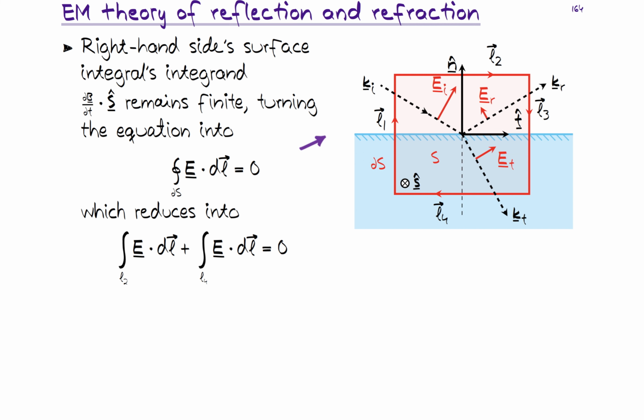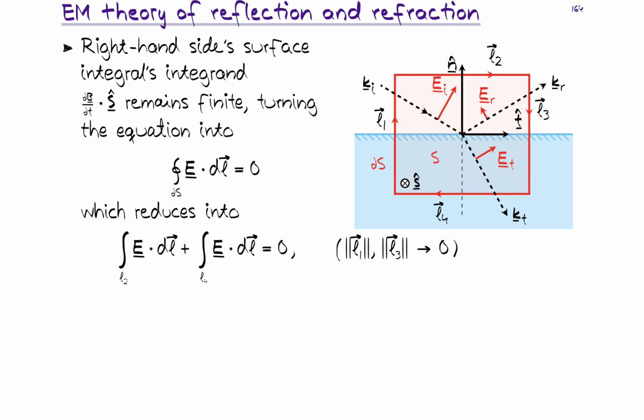So essentially now that we are letting L1 and L3 tend to 0, this rectangle becomes very small here. Now we are calculating the line integral over ∂S, and the L1 and L3 integrals essentially vanish, and what's left are the line integrals over L2 and L4.